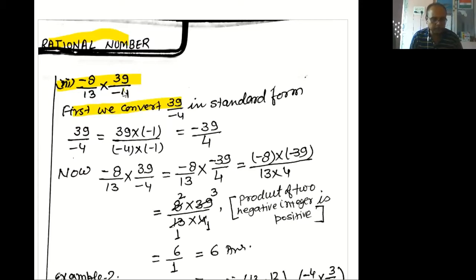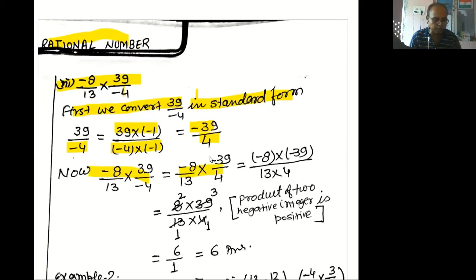First we convert 39 upon minus 4 into standard form. In standard form, the denominator is always positive. So 39 upon minus 4 equal to 39 into minus 1 upon minus 4 into minus 1, equal to minus 39 upon 4. Now minus 8 upon 13 into 39 upon minus 4 equal to minus 8 upon 13 into minus 39 upon 4.